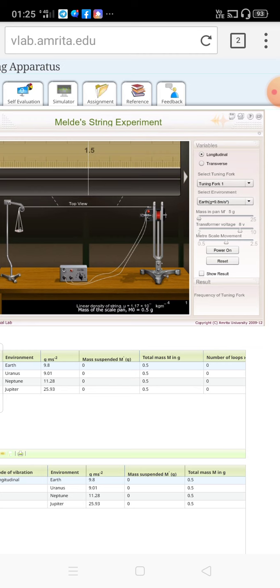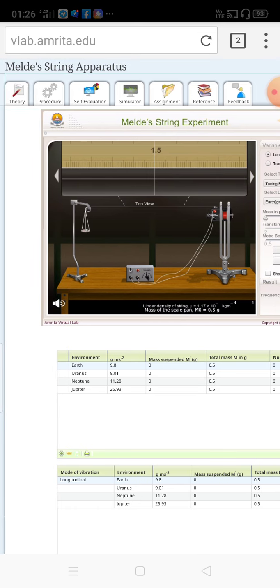That means in your smartphone you have to install the Puffin app, and in order to do that you have to log in with your own email address, and whatever information it requires you should fill in. Then you will log in and you have to start the simulation work.